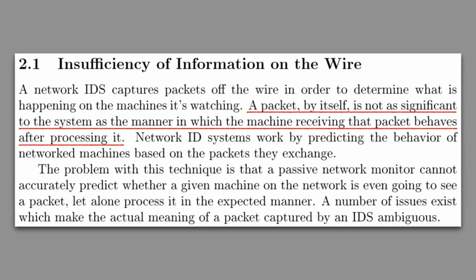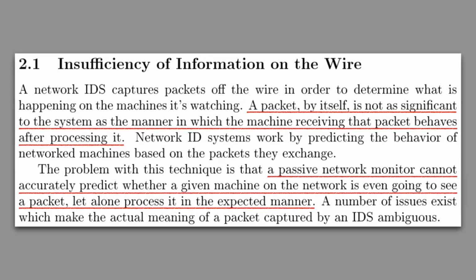So if you're a monitoring control looking at that packet, you have to try to predict how that machine is going to process it, not just in isolation, but including the hidden state the machine is in, what packets it has received previously, and what packets it may receive in the future. There's a lot of complexity to TCP/IP, and a lot of complexity in how those packets can be processed and reassembled.